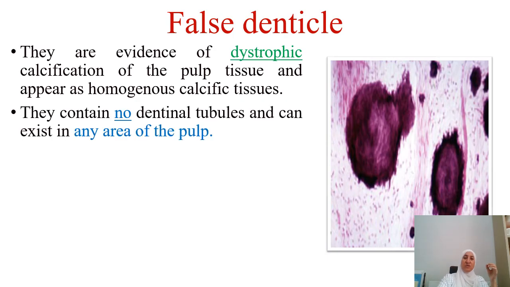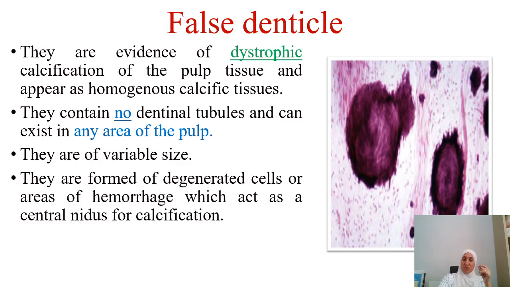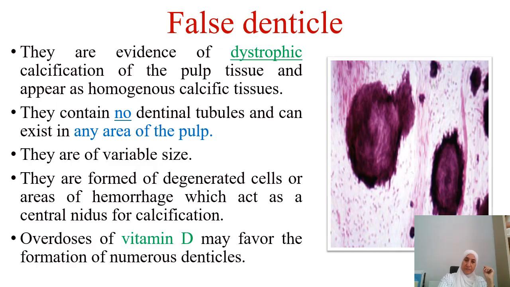This occurs due to some degeneration in the pulpal tissue, and it is a sort of body protection. The pulp protects against degeneration by forming this calcification. False denticles exist anywhere, of course, with no dentinal tubules and no odontoblasts. There is a theory mentioned that an overdose of vitamin D can cause these false denticles.